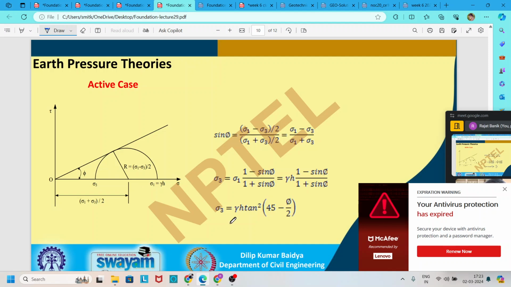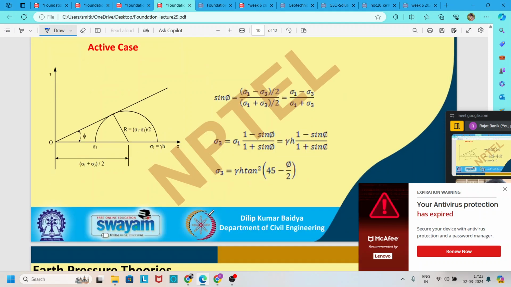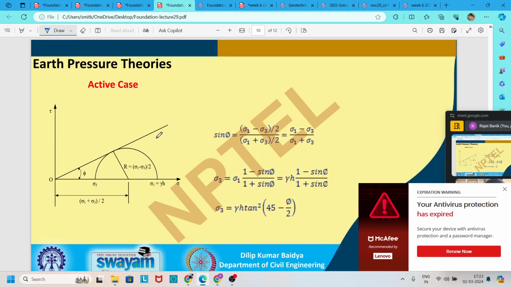So we also find out the active earth pressure based on the Mohr circle. Here it is shown for active case. To find out the active pressure by using the Mohr circle, we know that when the failure occurs, it is tangent to the Mohr circle.